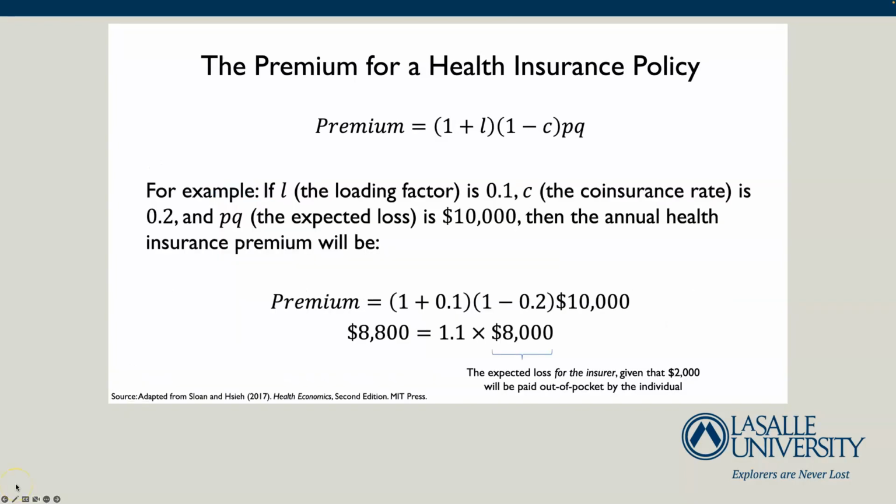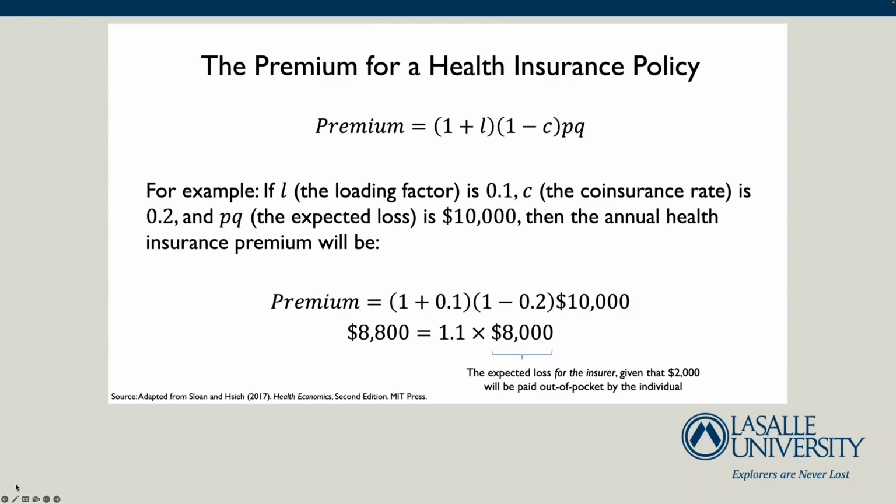For instance, if L, the loading factor, is 0.1 and C, the coinsurance rate, is 0.2, and the expected loss, P times Q, is $10,000, then the annual health insurance premium would be $8,800.